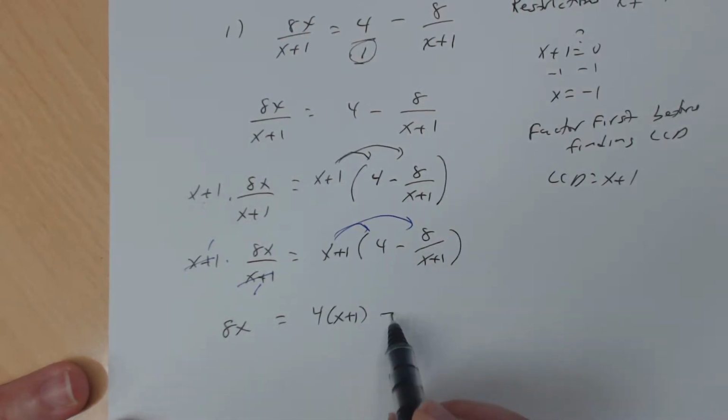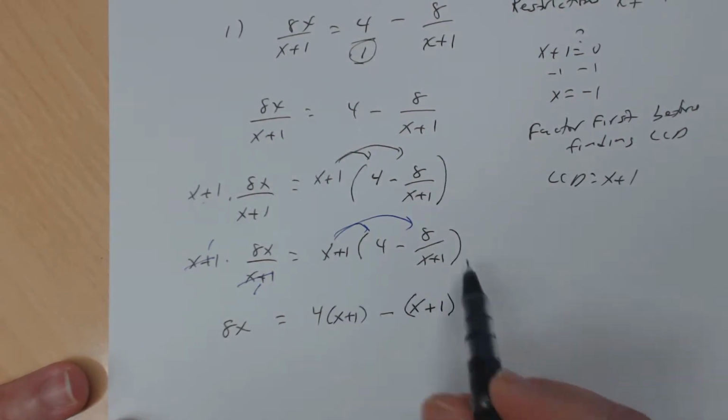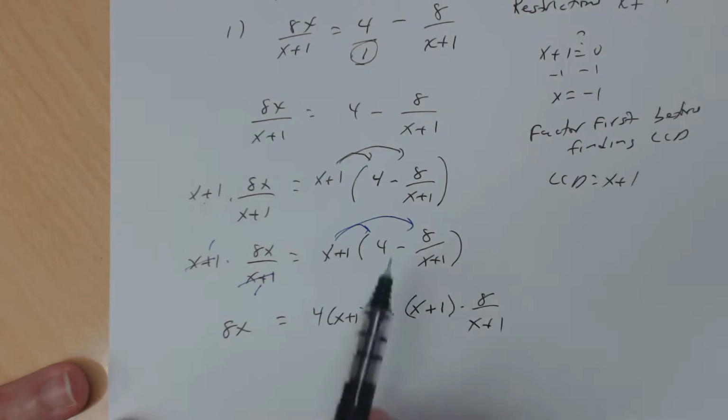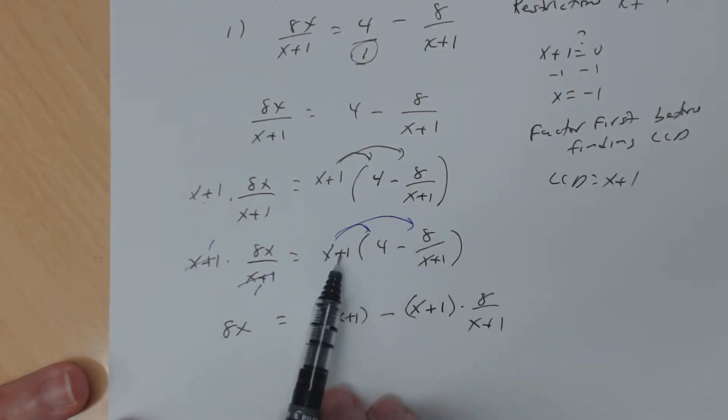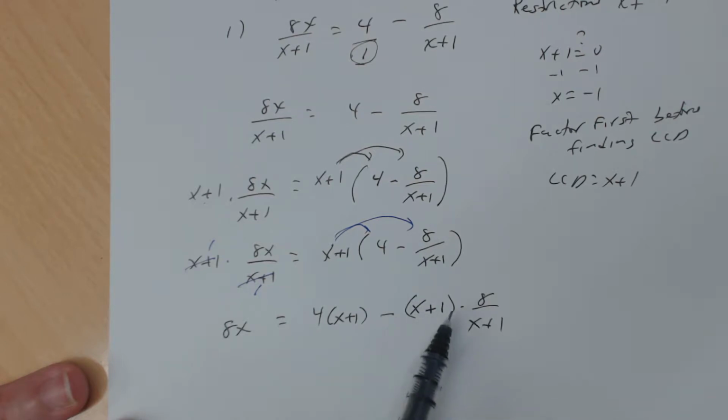Okay? Minus. And then x plus 1, and put that in parentheses. So x plus 1 times that second fraction. Just like this. Okay? All right, so x plus 1 times 4, x plus 1 times a negative 8 over x plus 1.